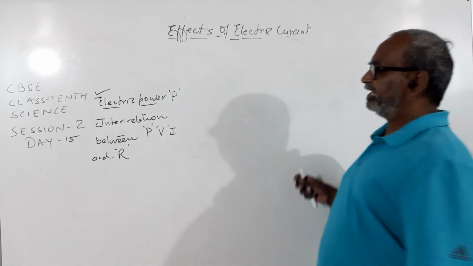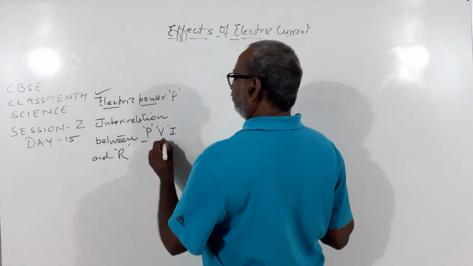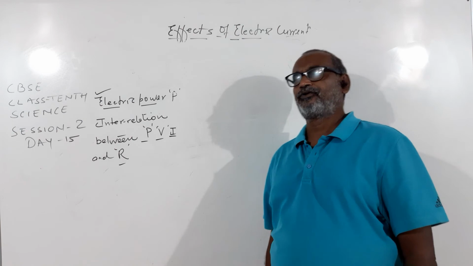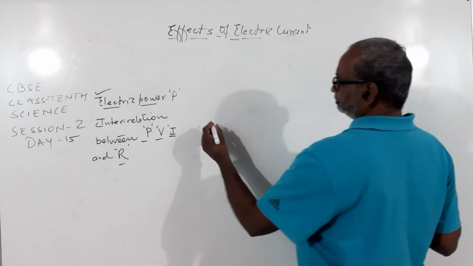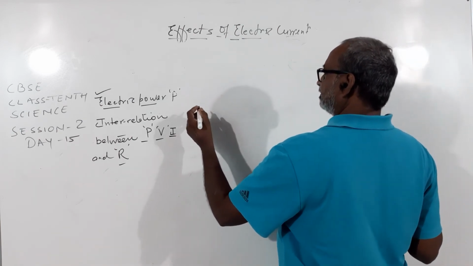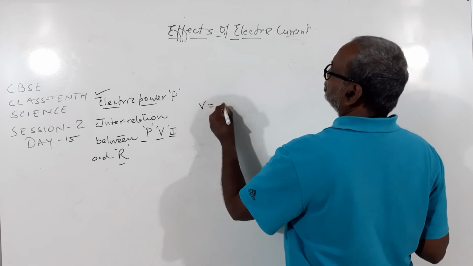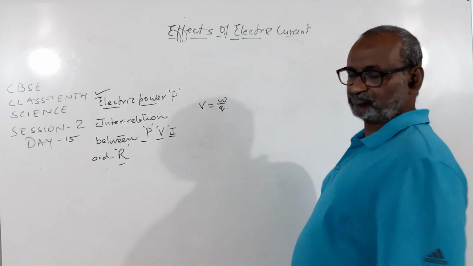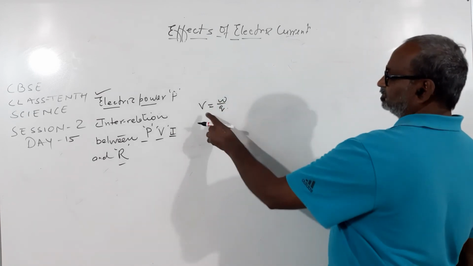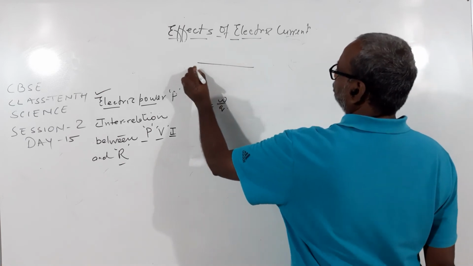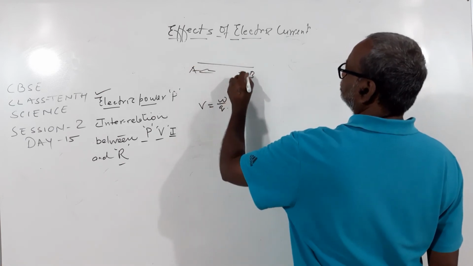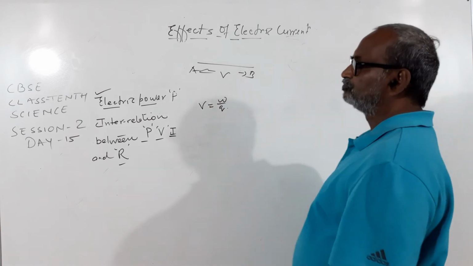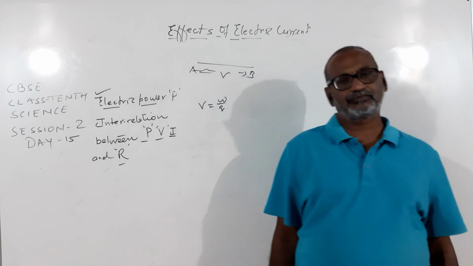Now we are going to derive the interrelationship between P, V, I and R. We know that V is equal to W over Q. Potential difference across 2 points of a conductor is the amount of the work done to carry 1 unit charge.